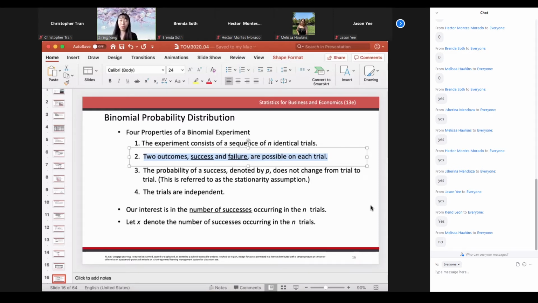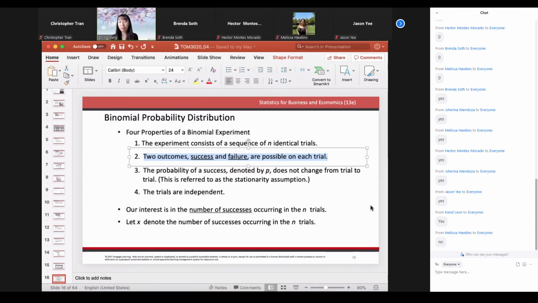So similarly, I can ask, do you live on campus or off campus? That's the only two possible answers you can give. Each one of you will be in one of the two categories. So again, I can define living on campus as success, off campus as failure, or on campus as failure, off campus as success. Or if I ask, do you have a job?